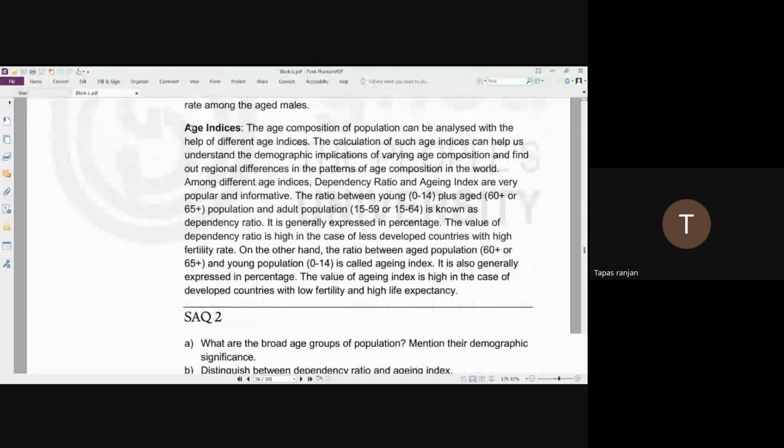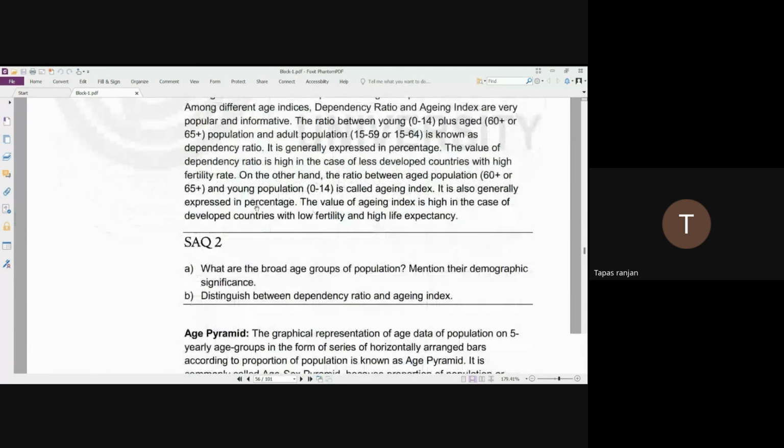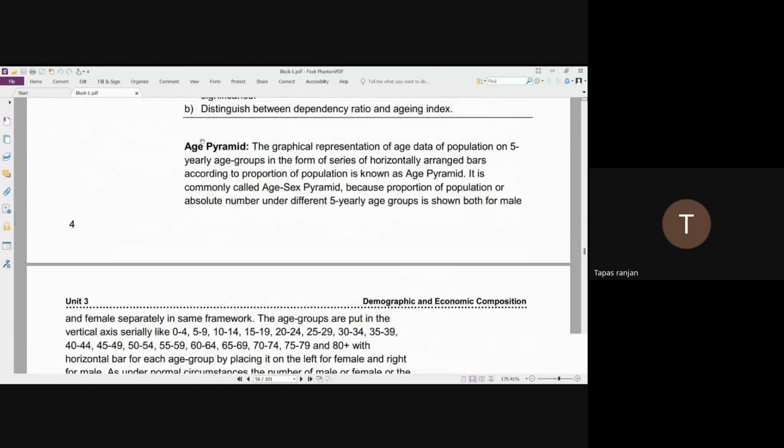So age indices is basically describing this dependency ratio, who are independent, who are dependent. Okay, you can go through it. Then you have the age pyramid.